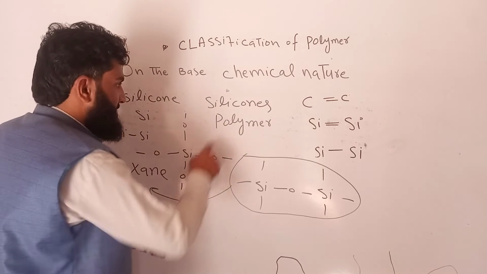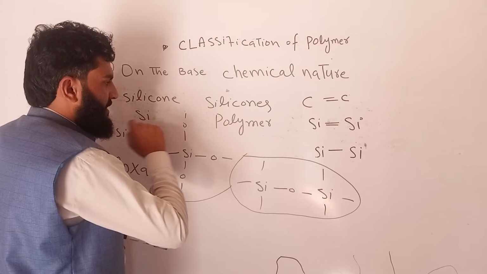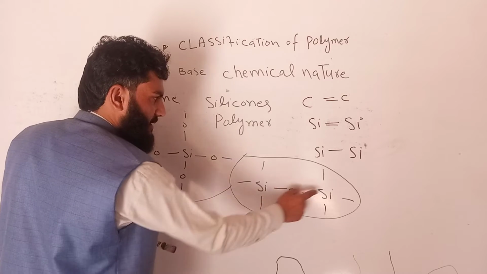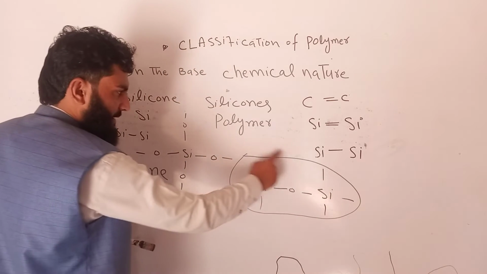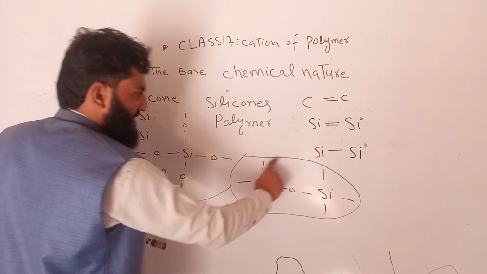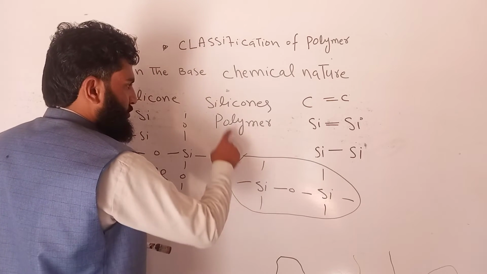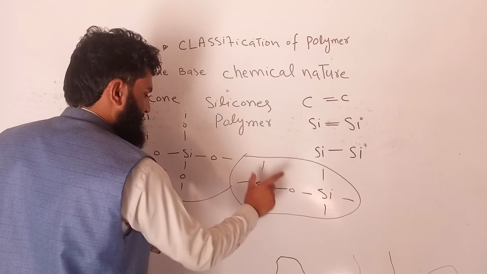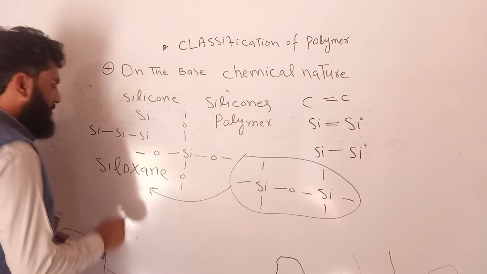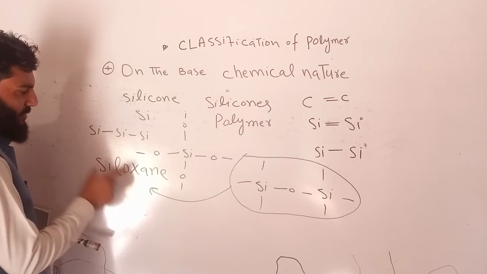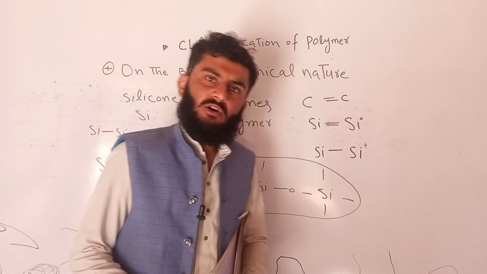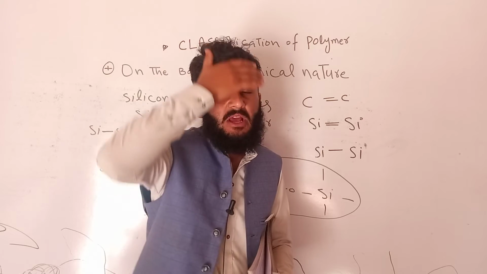Silicone is a polymer which has a backbone of such a formula. Polymers having such a backbone, such a skeleton, are known as siloxanes. So silicone is actually a siloxane.